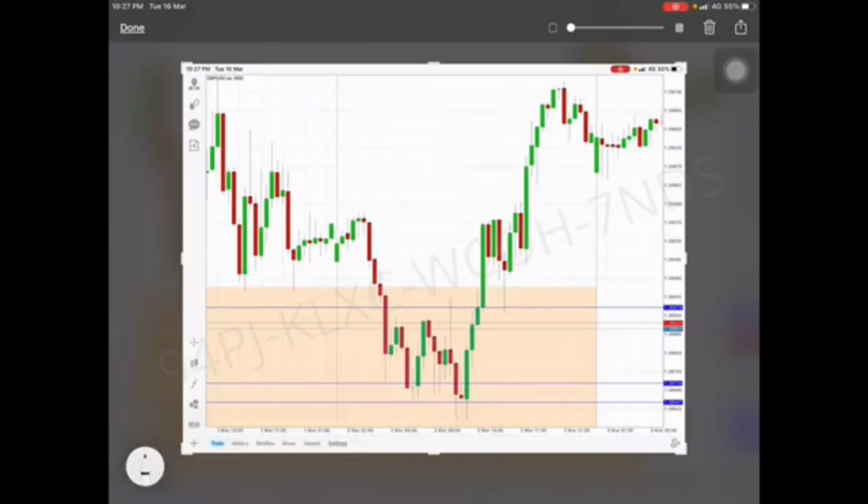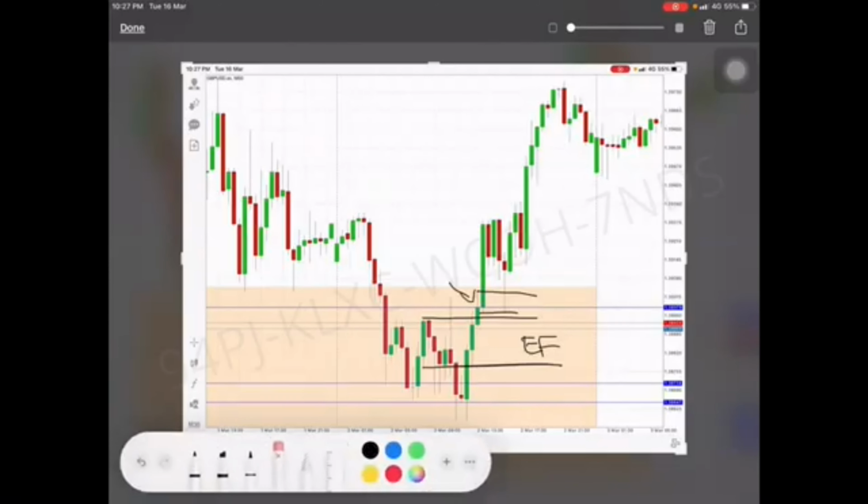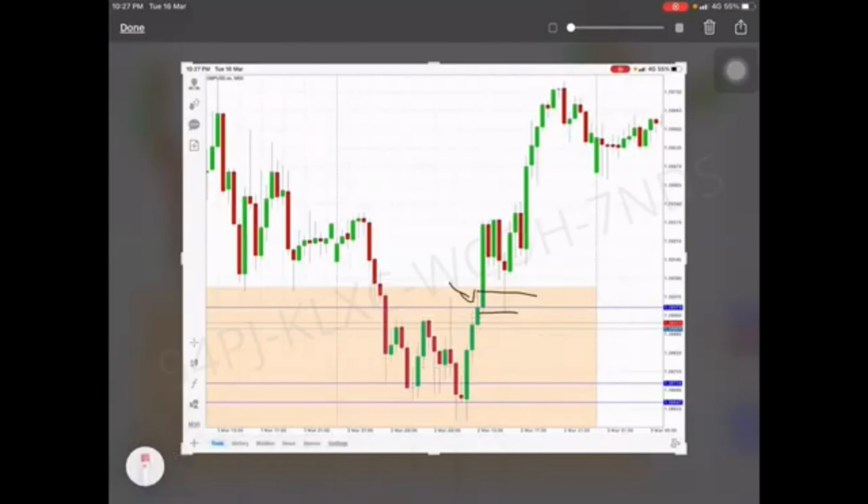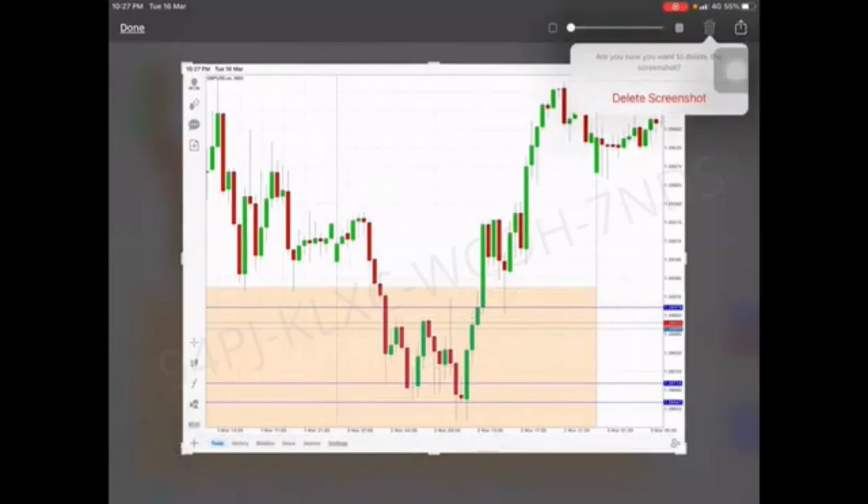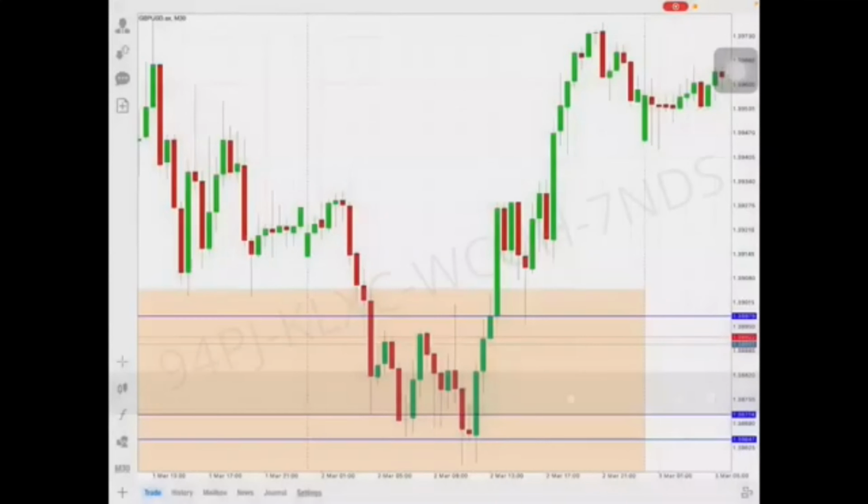For entry, there is an EF right here, and also a DOM area. Do you see the DOM? This one. This is the DOM. So now we are on entry.